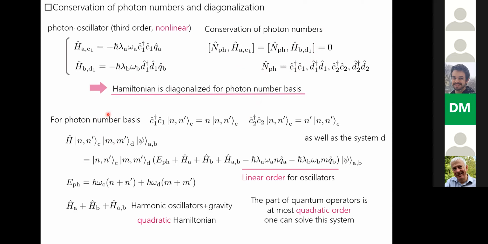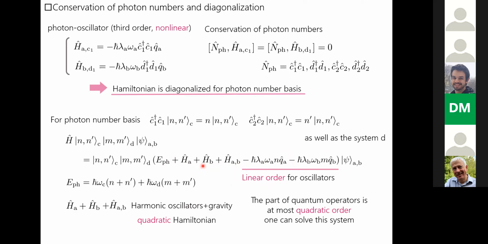Given photon number states, the total Hamiltonian acts like this, where E_ph is the energy of the photons in the cavities, and N, M, N prime, and M prime are the numbers of photons in the four cavities. What we have to do is to diagonalize the remaining operators for the oscillators to solve the Schrödinger equation.